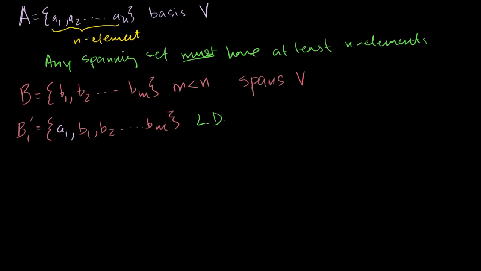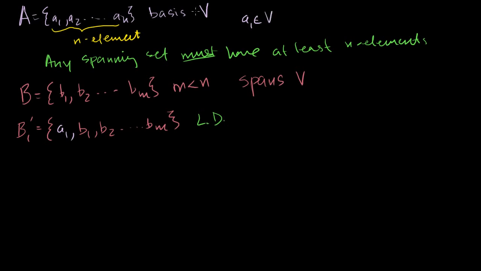Linear dependence means that at least one of the elements of the set can be represented as a linear combination of the others. Well, a1 is one of the basis vectors for V, and all of the basis vectors are members of V, right?